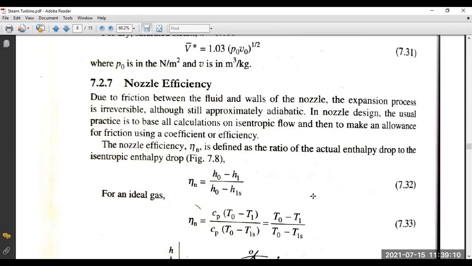Means no work is created. It is totally adiabatic, not losing any heat from the fluid to the outside world, and still the flow is steady, means it is maintaining a steady velocity itself.